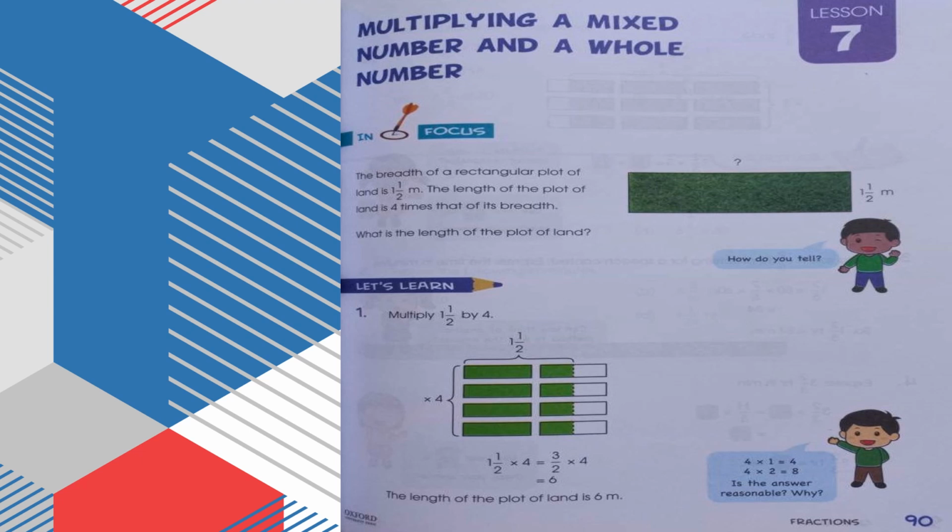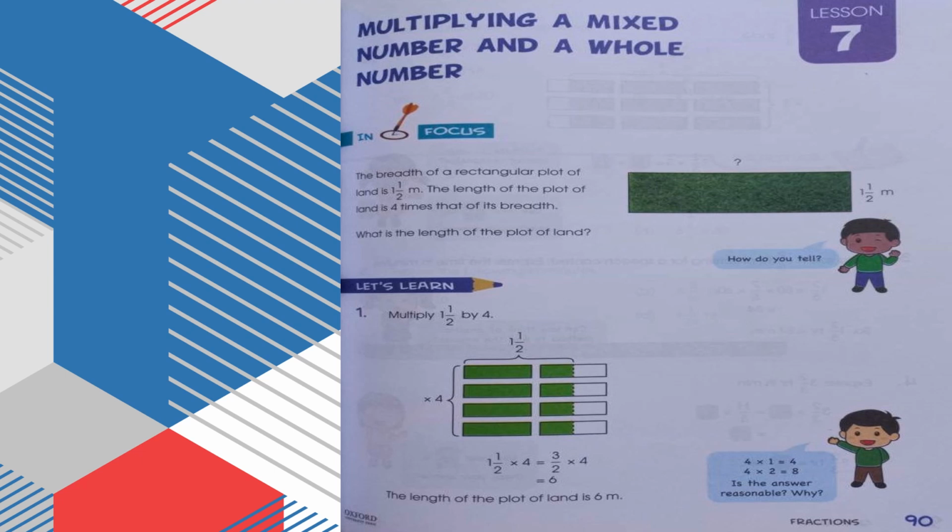When we multiply 1 1/2 with 4, first we need to convert this mixed number into a fraction, for which we multiply the 2 in the denominator by 1 and then add the numerator. So we have 3 over 2 multiplied by 4.